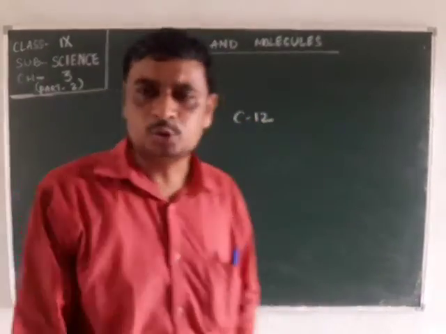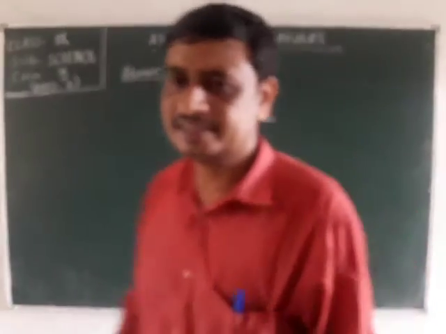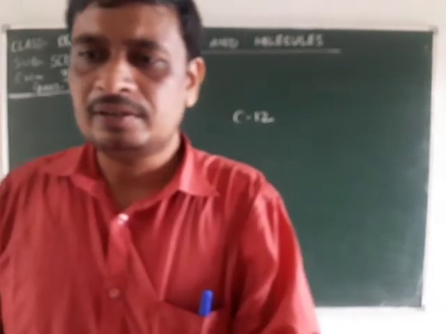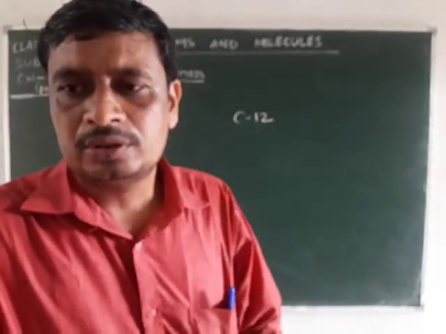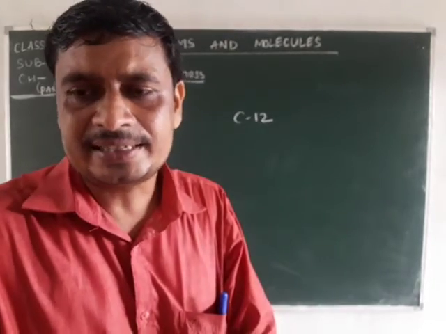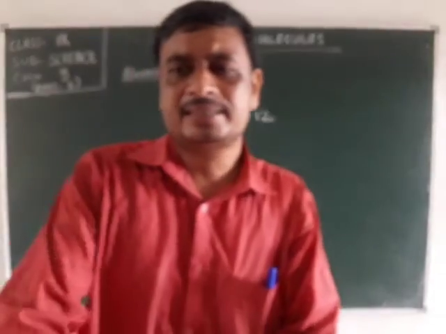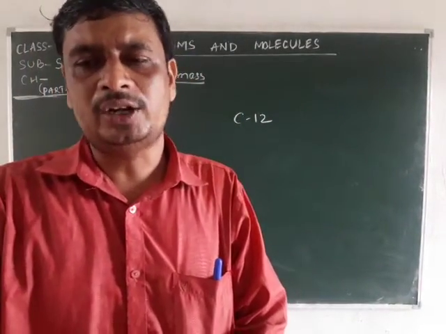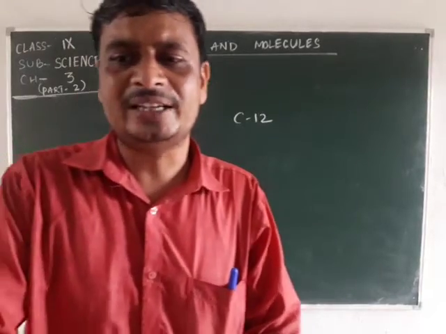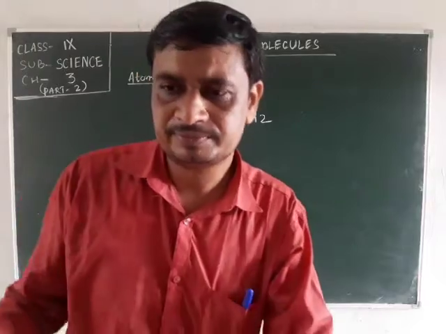Carbon has many isotopes, and among all these, carbon-12 is considered and accepted for the reference of atomic mass. One atomic mass unit is a mass unit equal to exactly 1/12 of the mass of one atom of carbon-12 isotope.